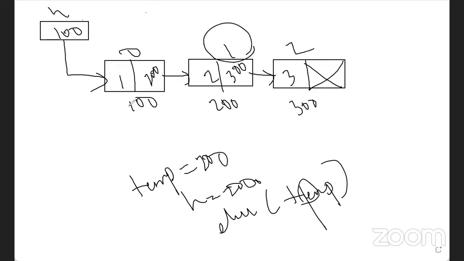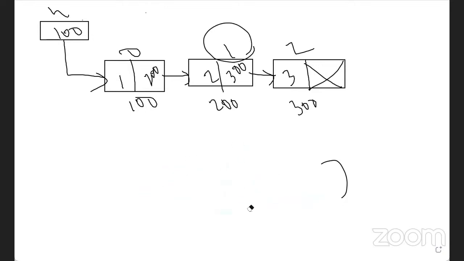You want to delete node 1, the middle node, the node in between. So what's the logic? There also you need to take a pointer using a while loop. You need to make that pointer point to the previous node, wherever it is. Here it is the 0th node itself. So you make it point like this.